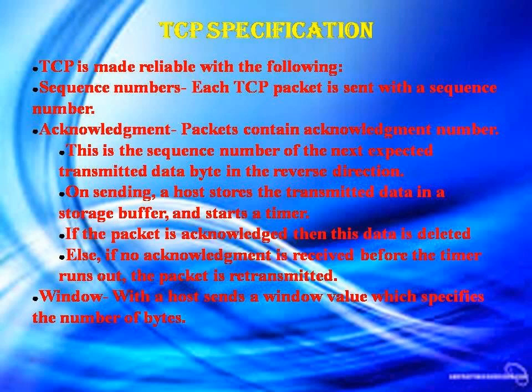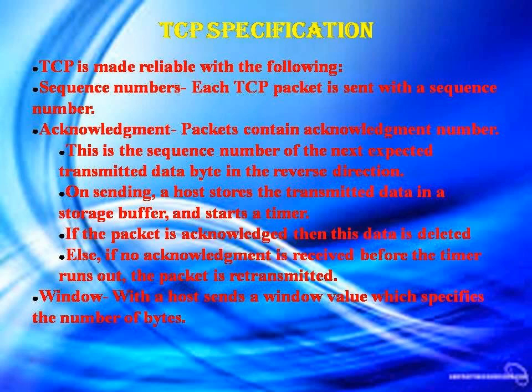TCP specification. TCP is made reliable with the following. Sequence numbers: each TCP packet is sent with a sequence number. Acknowledgement: packets contain an acknowledgement number. This is the sequence number of the next expected transmitted data byte in the reverse direction.